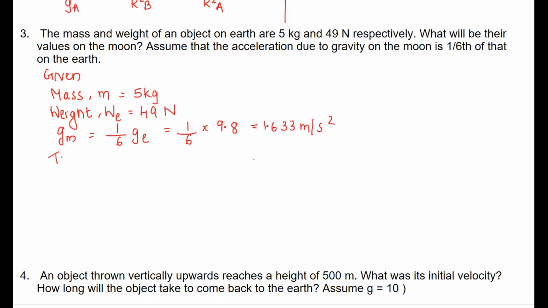Okay, to find mass m and weight. Mass and weight we want to calculate on moon.